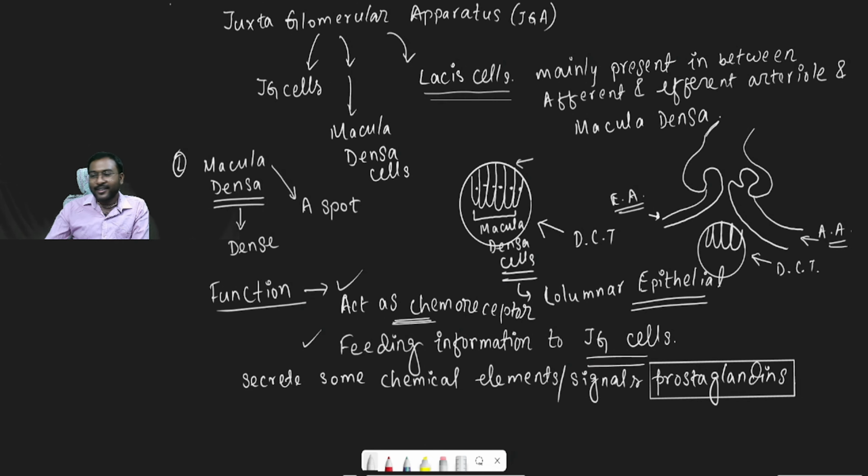Here the JG cells are present, as I have already mentioned in my first video about the JG apparatus. So these are the JG cells. So what is the lacis cell? I have mentioned that the lacis cell is mainly present in between the afferent and efferent arterioles and the macula densa. Here this part is the lacis cells, between the afferent and efferent arterioles and the DCT part. So in this portion the lacis cells are present. In this video I have given lots of information.